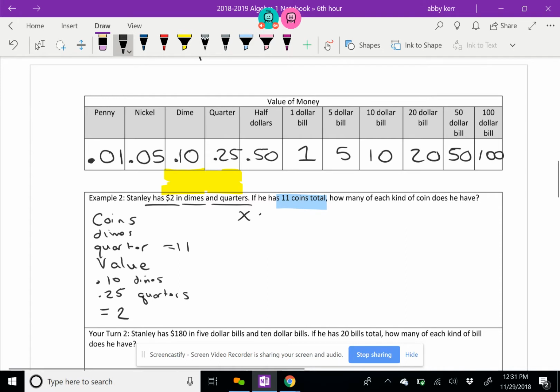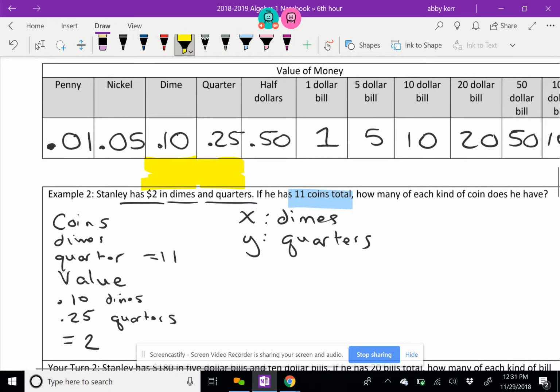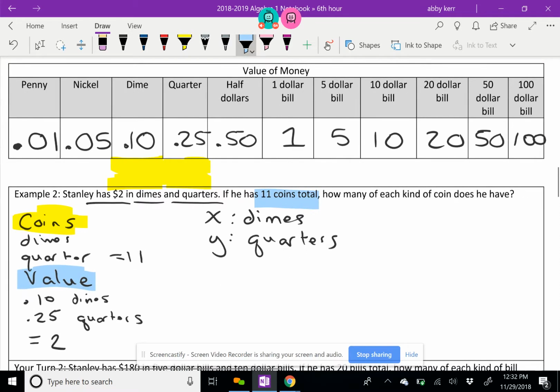So we don't know how many dimes he has, and we don't know how many quarters he has. So to make our equations, we have the coins and we have the value. We know that he has dimes, which is x, and quarters, which is y, equals the total 11. We're just counting it up. So we don't know how many of each.